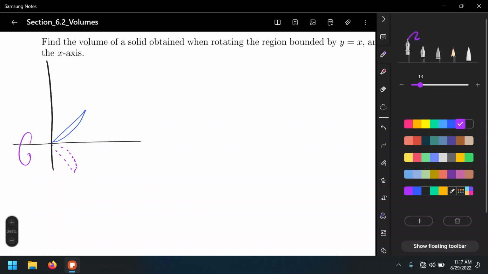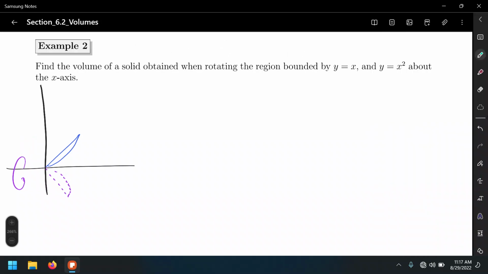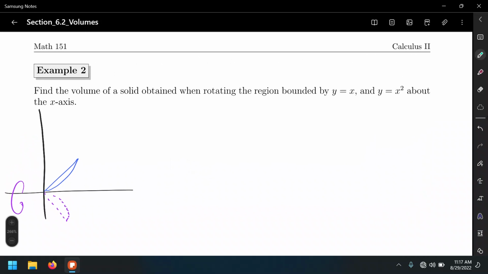So in this case, we are still using the disk method. We're not using the washer method. For the washer method, you'll see how it works. Well, in this case, when we set up the area between two curves, we have two functions, an upper function and a lower function, or top minus bottom. So we are going to do the same thing for this type of problems. So volume, it's the integral from a to b times pi, and that's going to be the top squared minus bottom squared.